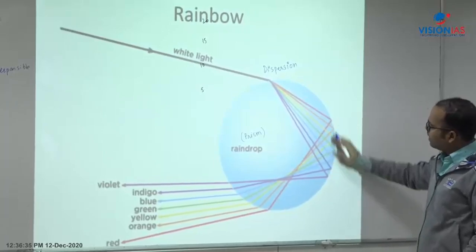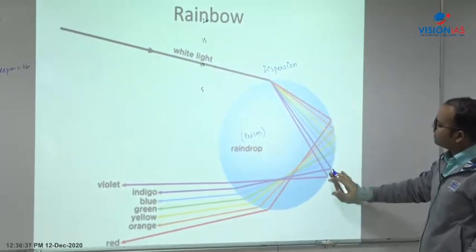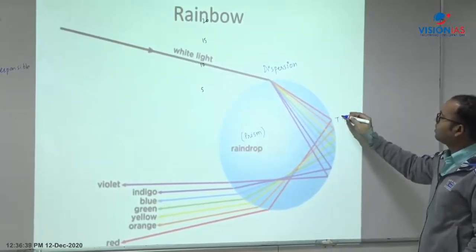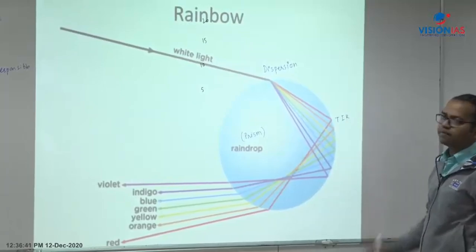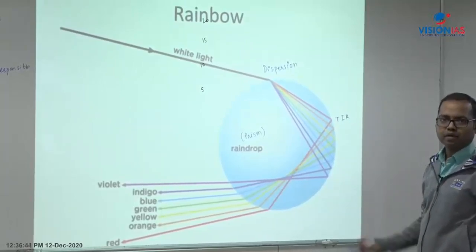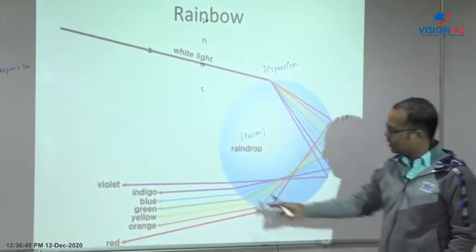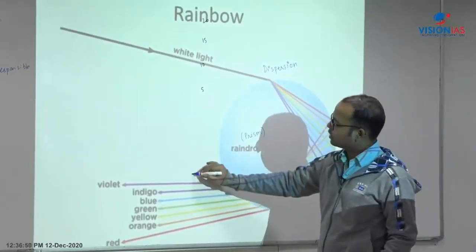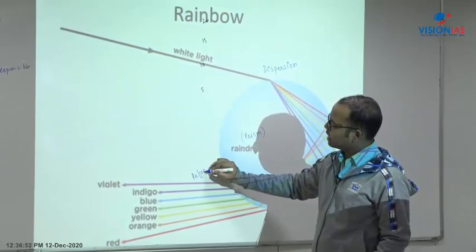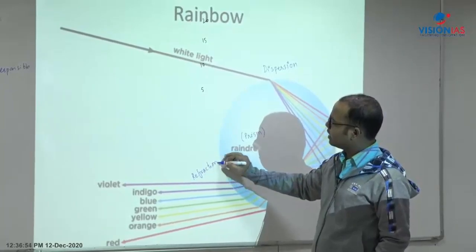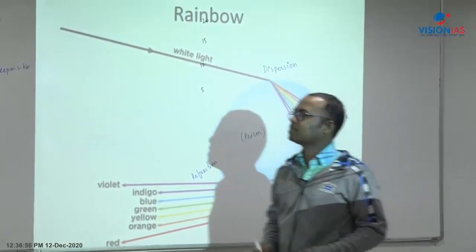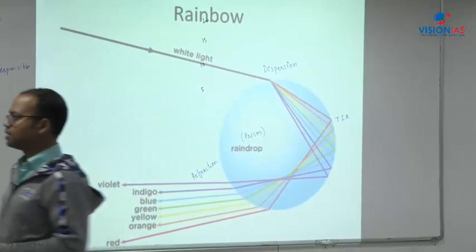Here the light will be returning in the medium, that is your TIR, total internal reflection. Nothing is going out, everything remains in the medium. And here what is happening? Refraction. So make this diagram as it is. You can clearly see 3 phenomena are responsible for this. So please copy that.